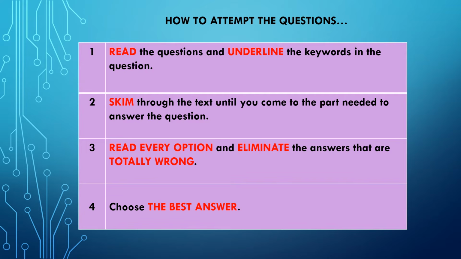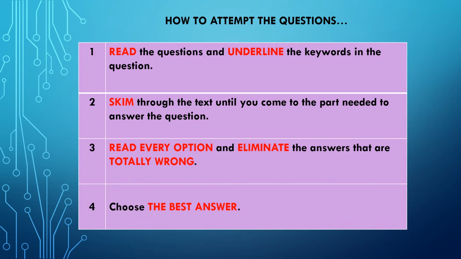When you have found the answers in the passage, then you come back to the question. You must read every option and you must eliminate the answers that are totally wrong, so that you are left with the possible answers.